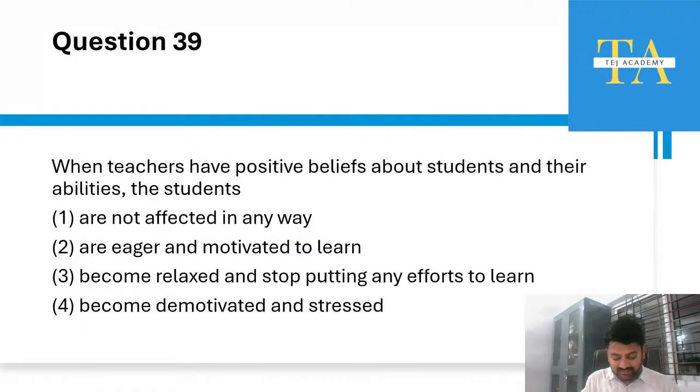39. When teachers have positive beliefs about students and their abilities, the students are not affected in any way, the students are eager and motivated to learn, the students become relaxed and stop putting any efforts to learn, or the students become demotivated and stressed.